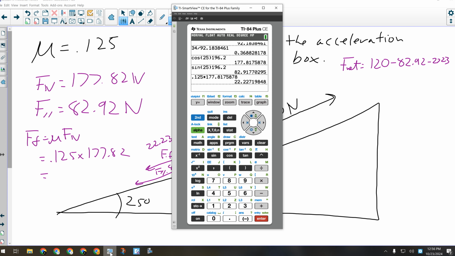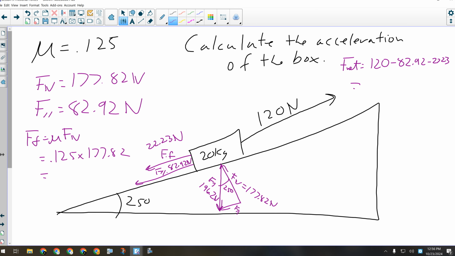Okay, so 120 minus that minus that. All right, that gives me a net force of 14.855 newtons up the ramp. So now I can calculate the acceleration, F net divided by m.